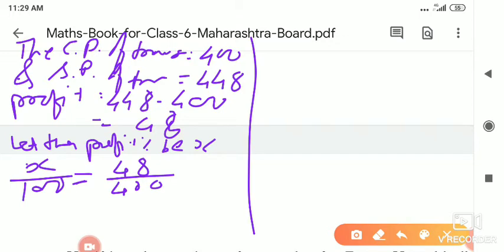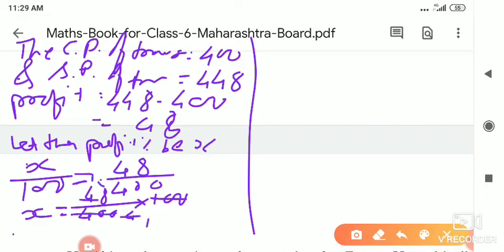So X is equal to 48 upon 400 into 100. 100 ones are 100, 100 fours are 400, 4 ones are 4 and 4 twos are 8. So X is equal to 12%.